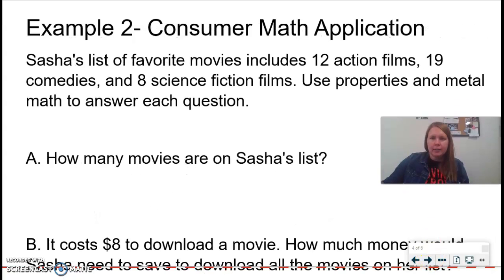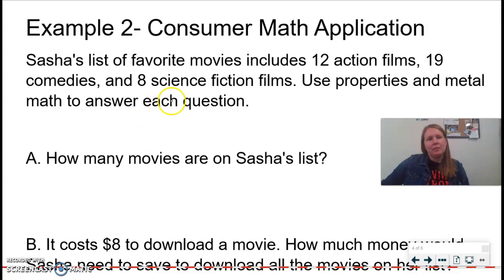So let's go ahead and look at 2 then. Problem number 2 here is talking about a consumer math application. So this is about, what could the consumer do? So it says Sasha's list of favorite movies includes 12 action films, 19 comedies, and 8 science fiction films, or sci-fi films.